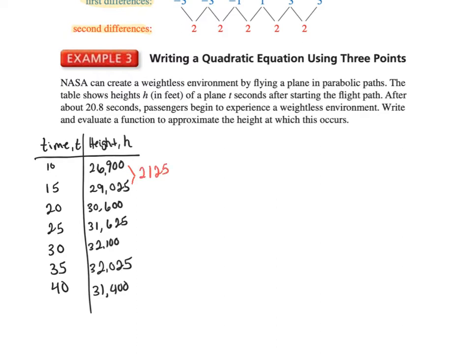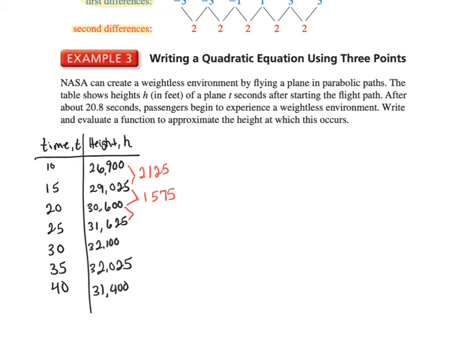We do this again with the next two. We take 30,600 and subtract 29,025 to give us 1,575. And we just keep on going.